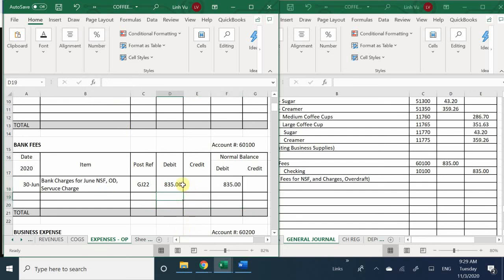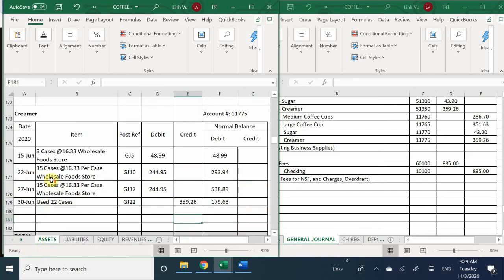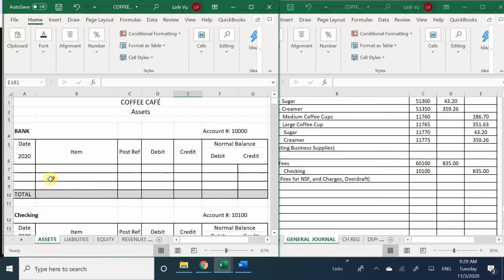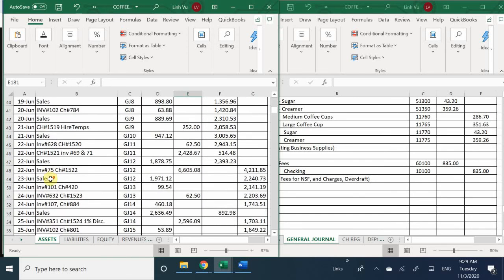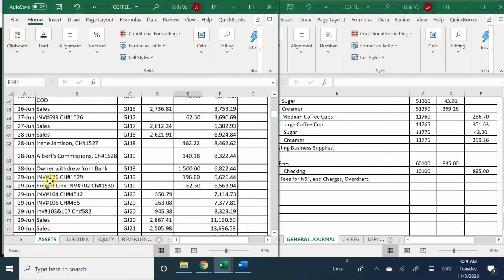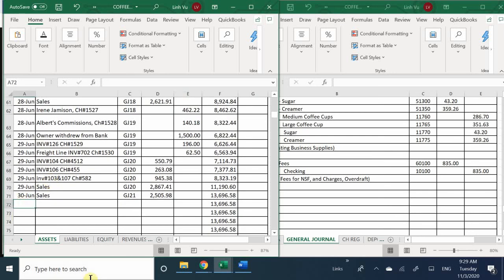Okay. Then lastly, we got to go to our checking account and we need to update that amount because it's automatically charged right out of our bank account. No questions asked. Okay.